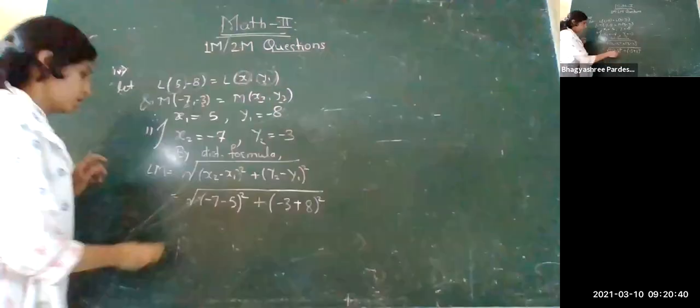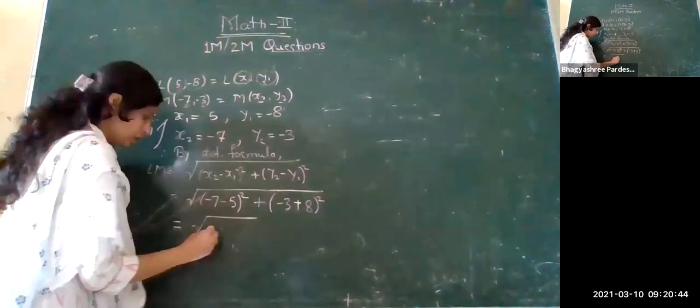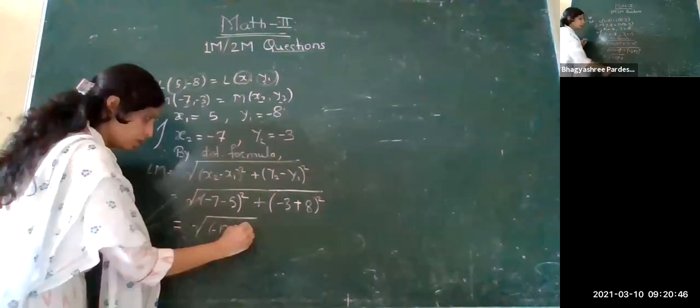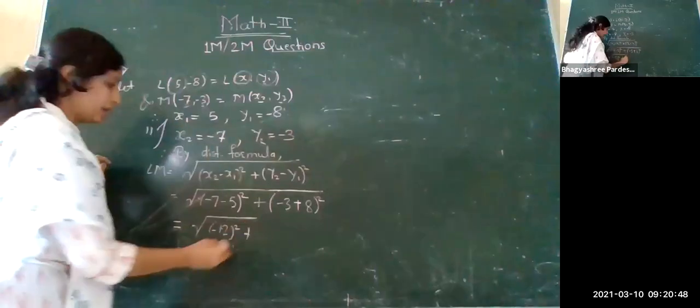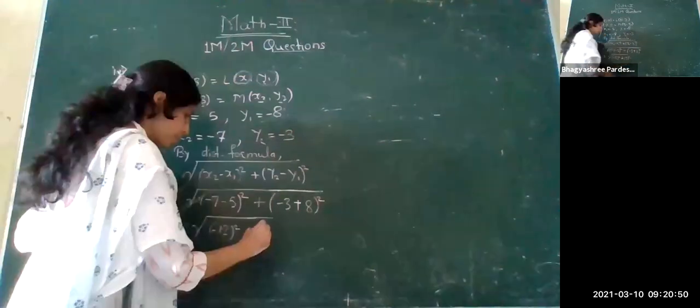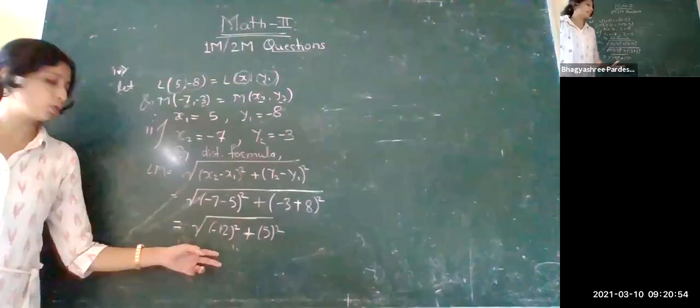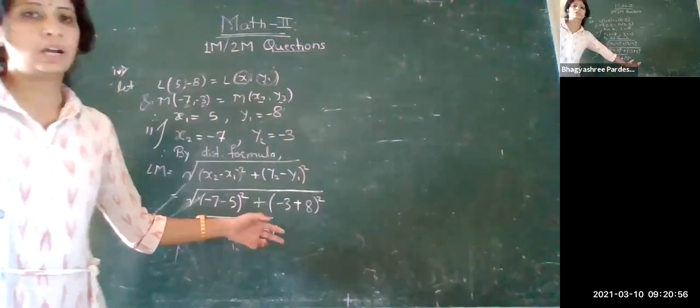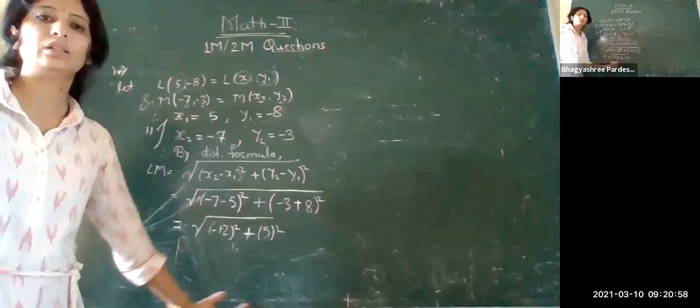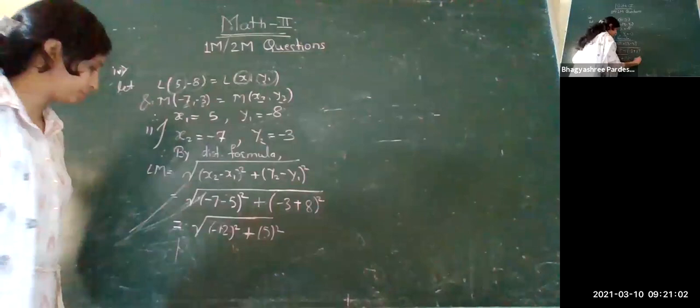So this is minus 12 square plus minus 3 plus 8, that is plus 5 square. Okay, so can you do this? 12 square is 144 plus 5 square is 25, that is 169. If you solve this, square root of 169 is equal to 13.